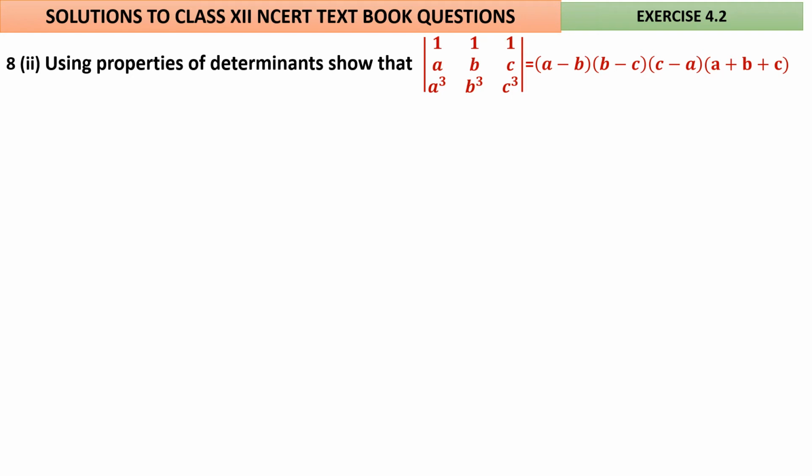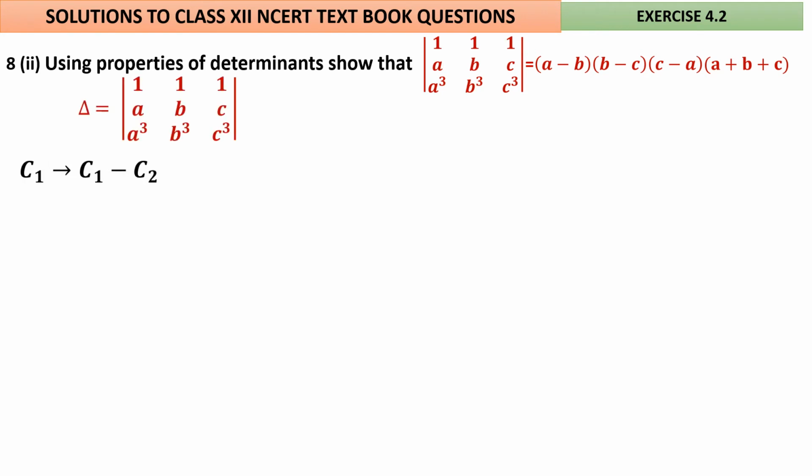But remember that the rule tells that you should at least use two operations to get marks in the examination. Don't try to do only one operation and then say, sir, I am very good in expansion, I will do it. Don't do that. Use the properties more, so that the determinants will be very easy for you to expand.